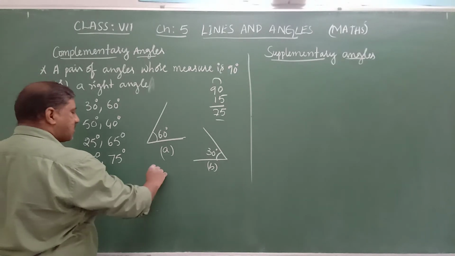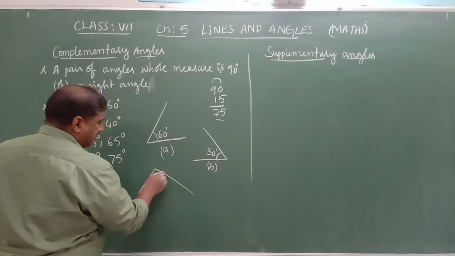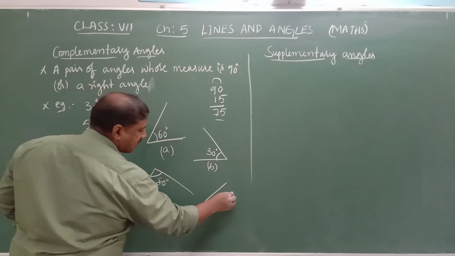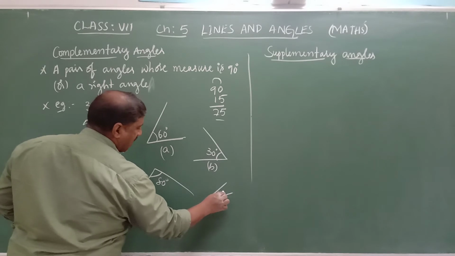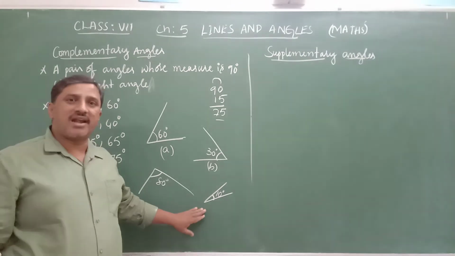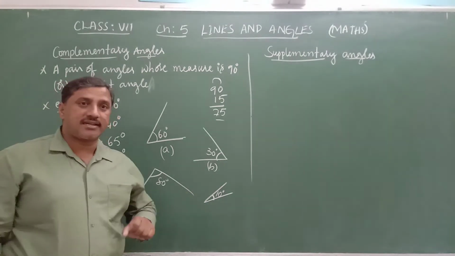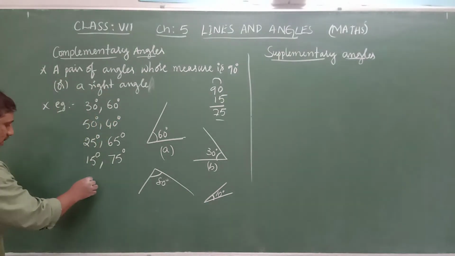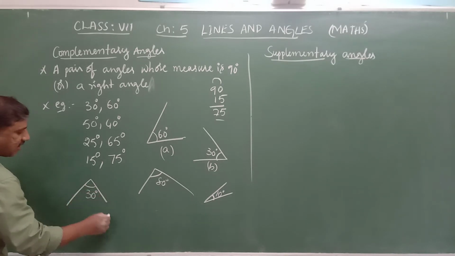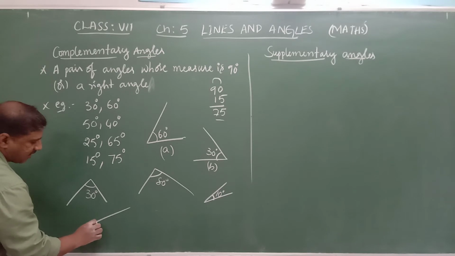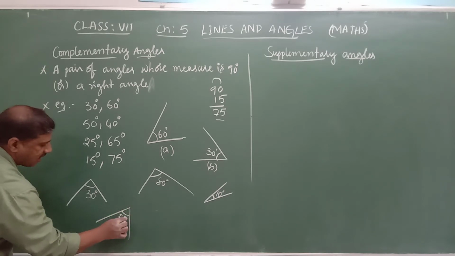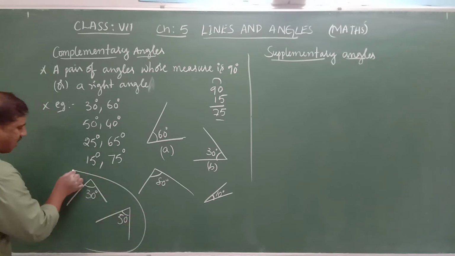If you want, you can draw some more. Like this, it is 80 degrees, and this is 10 degrees. Can we call these two complementary angles? Yes, because 80 plus 10 is 90 degrees. If this is 30 degrees and this is 50 degrees, can we call this pair complementary angles?